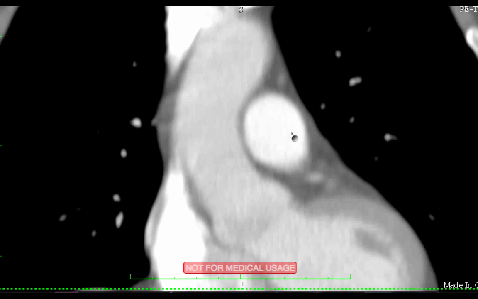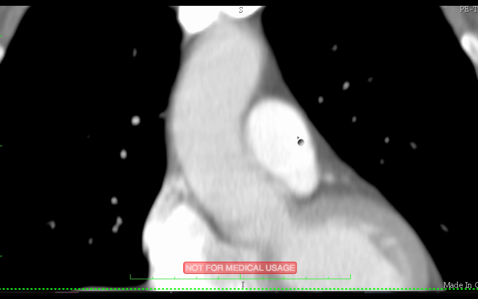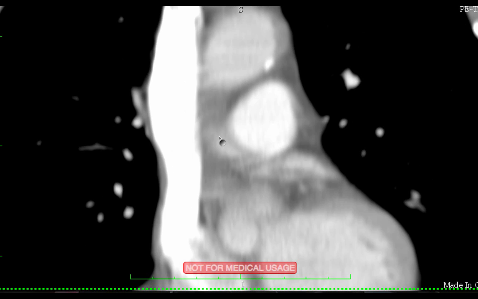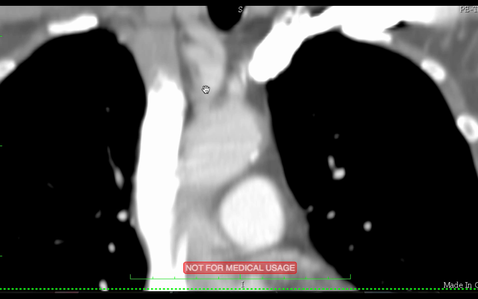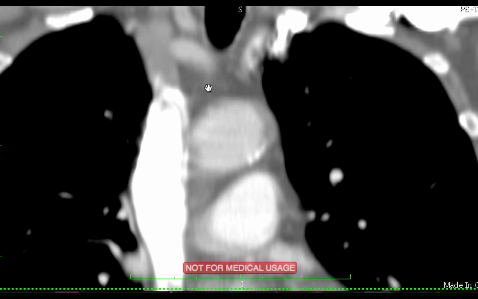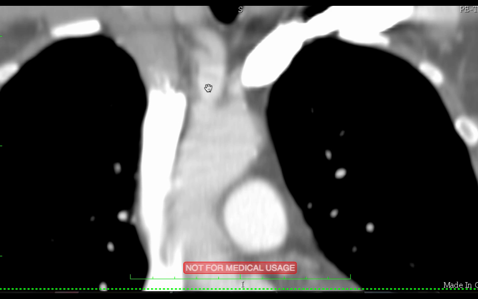So let me window that a little bit. So what's this? The ascending aorta, right. And so the ascending aorta comes up, and let's see, first it gives off this vessel, which would be what? The right brachiocephalic artery, which then gives rise to the common carotid and the right subclavian artery.